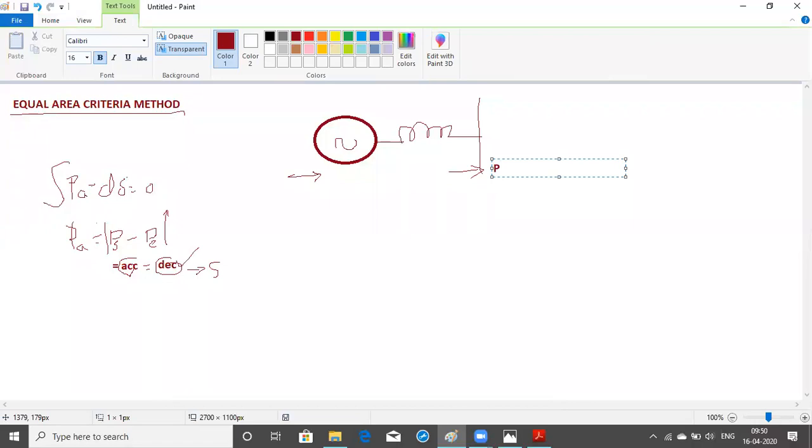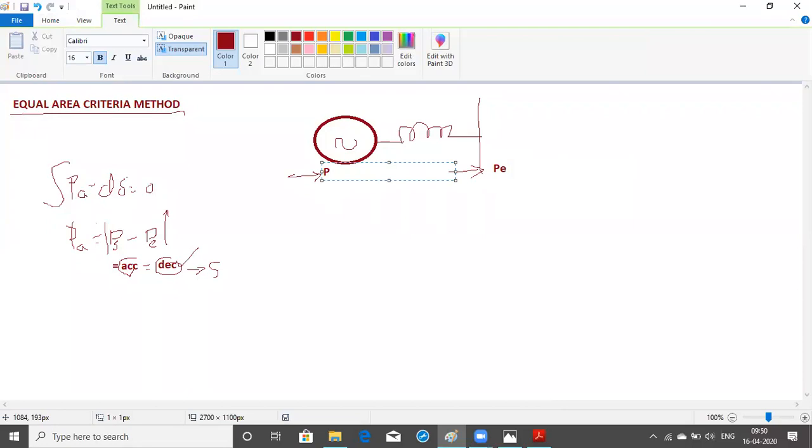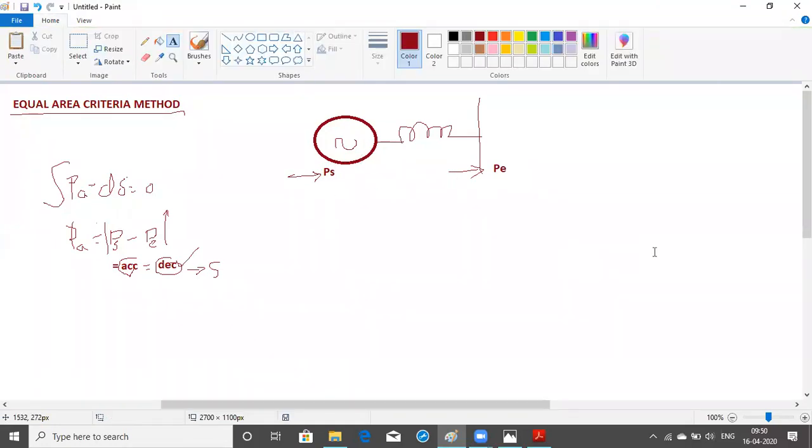Both are the same. Now, if I want to write the characteristics, I think you already know the electrical power: it is equal to the excitation voltage, which we have already derived, EV by X. This is the equation of electrical power.